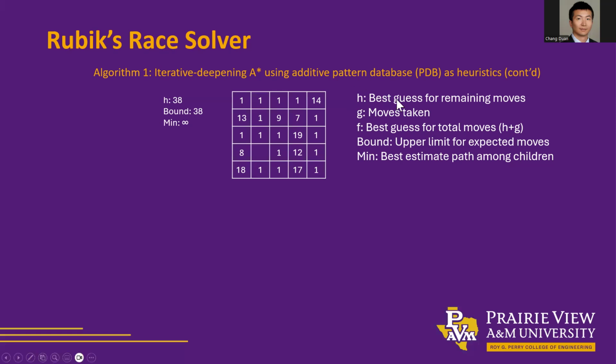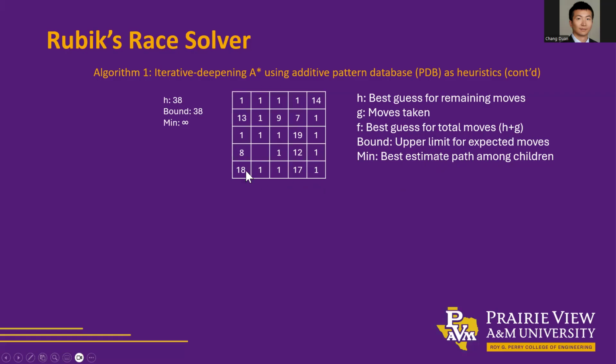It's basically an estimation of the number of moves from the current state to the goal state. G is the moves taken from the initial state to the current state. F is a summation of H and G, so that's the best guess for the total moves. And there's a bound, which is the upper limit of the expected moves. And min is the best estimated path among all the children of the current state.